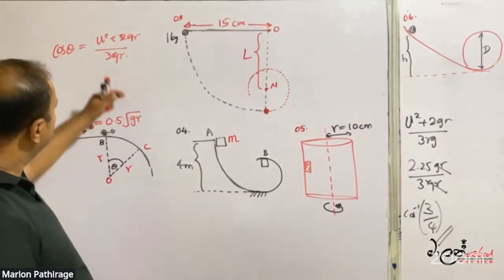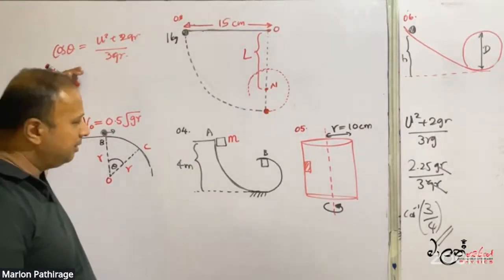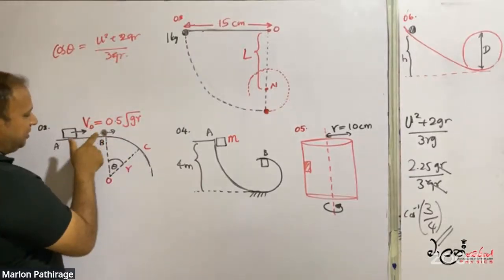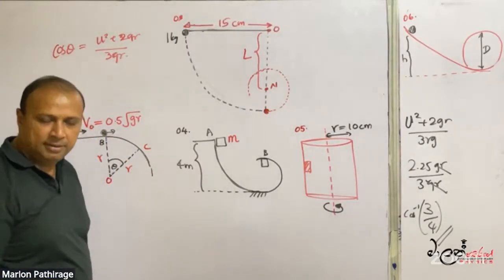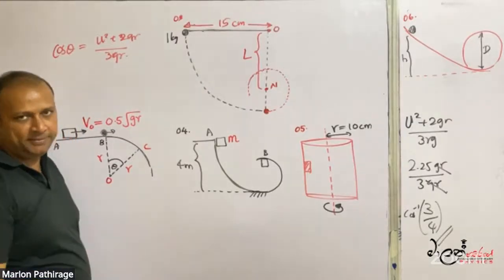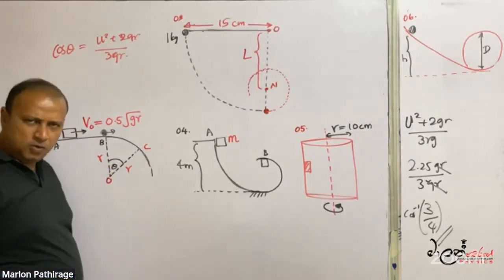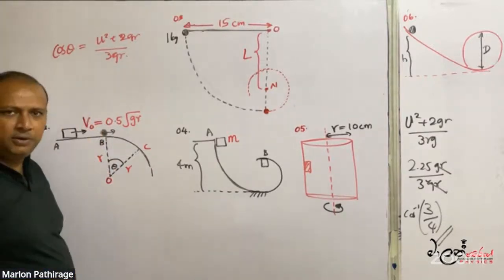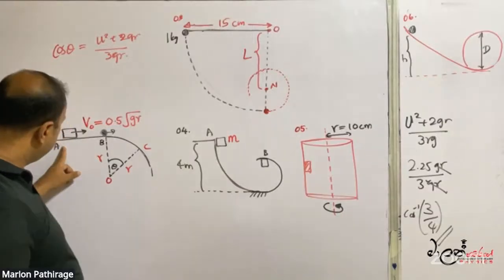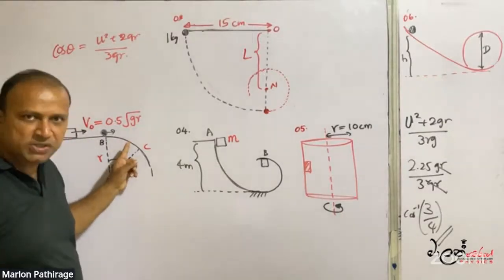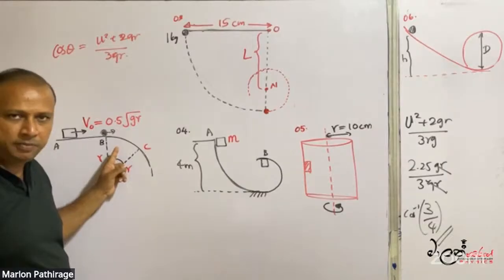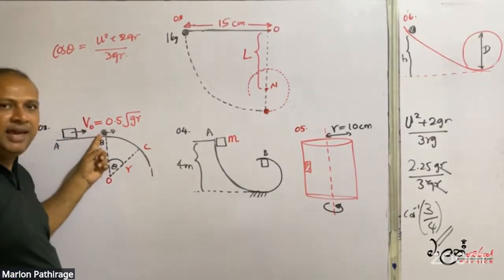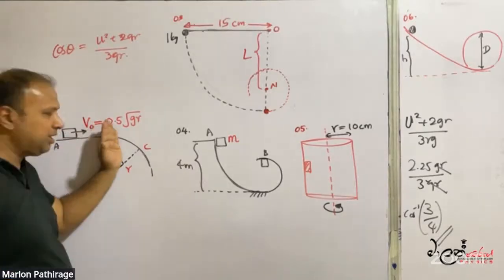Now you know this is the angle when this object leaves the circular path. Therefore you are asked for that angle, so you just have to apply the values. As this horizontal surface is smooth, the velocity will not change. Therefore the velocity at this position should be equal to the velocity at this position because this is a smooth surface.